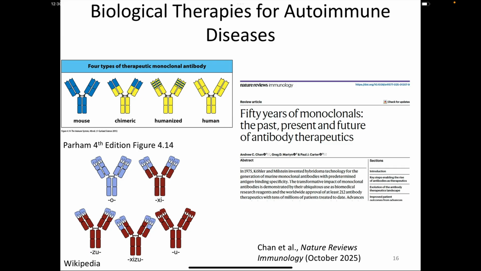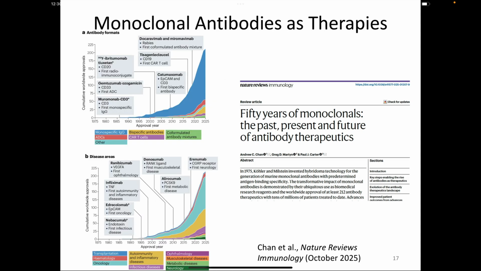Also, this semester, this amazing review of the use of antibodies in therapy and in clinical settings was published. So I'm going to show you a couple things from it, but if you want to know about how the pharma companies use antibodies, this has all of it in there. These are some figures from this paper.